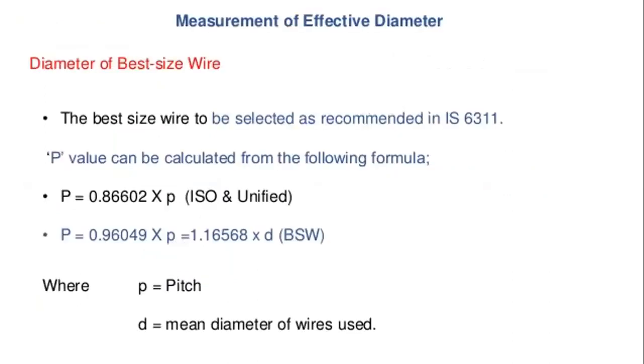Next, we have to take the diameter of the best wire size. The best size wire to be selected is as recommended in the international standard, that is 6311. So that is the international standard condition, 6311, and you have to follow that standard.